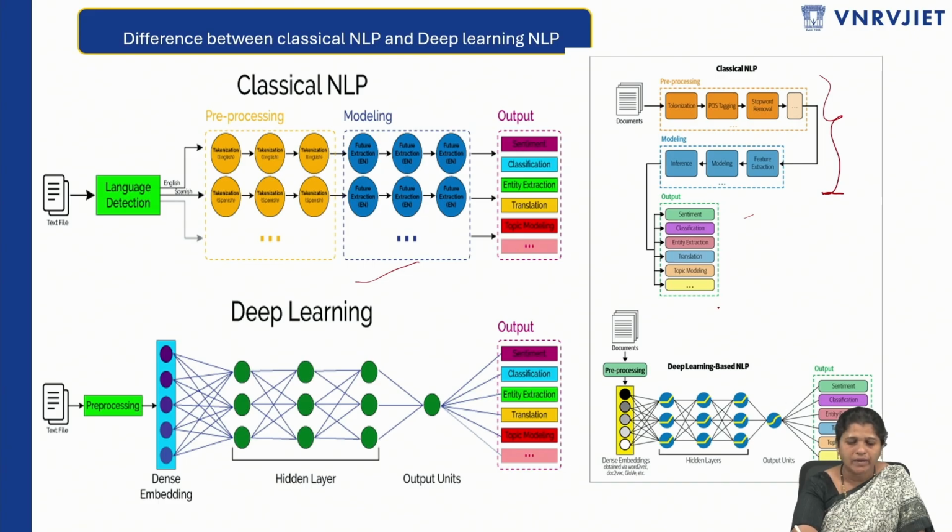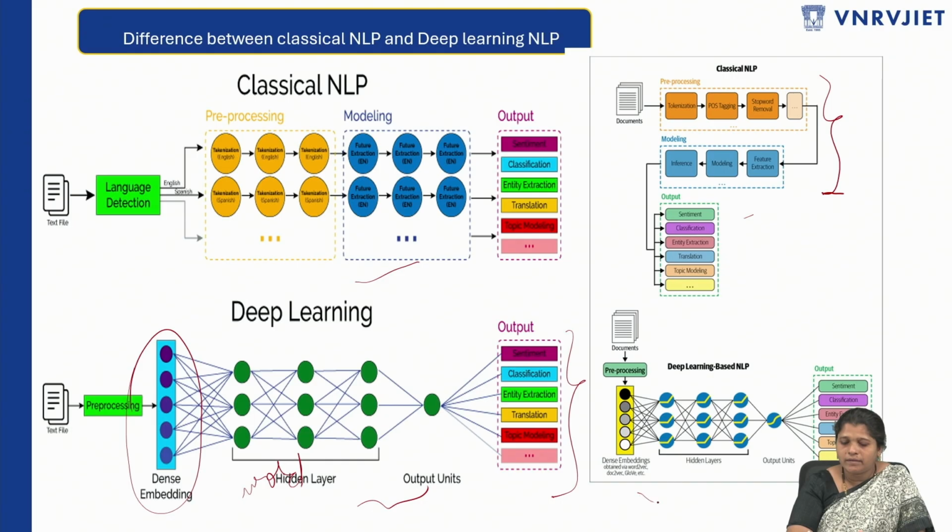But in deep learning, we use the dense embedding process, where the word embeddings are directly mapped to one or more word embedding models, and with a number of hidden layers we are able to process the final outcome in terms of class labels, entities, tokenization, or summarization context.